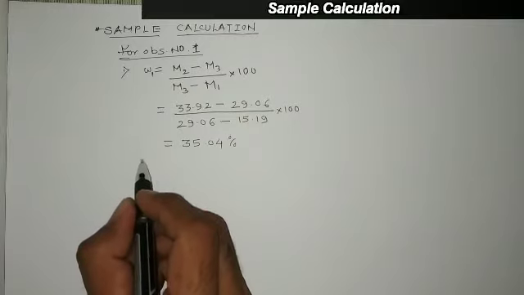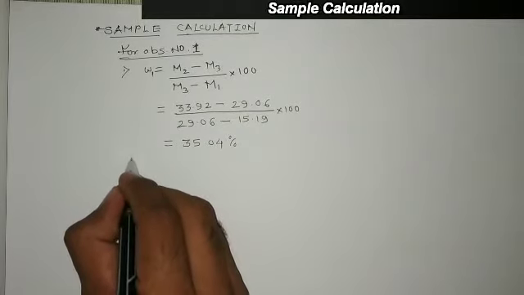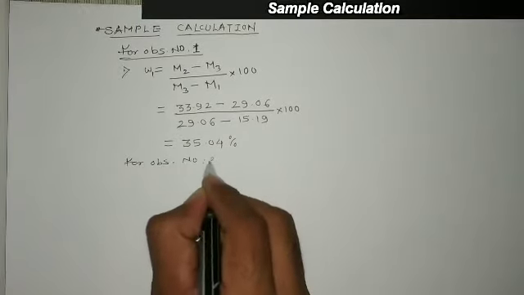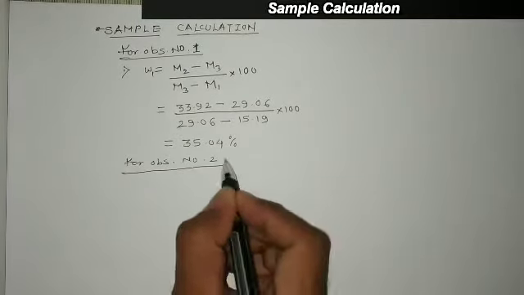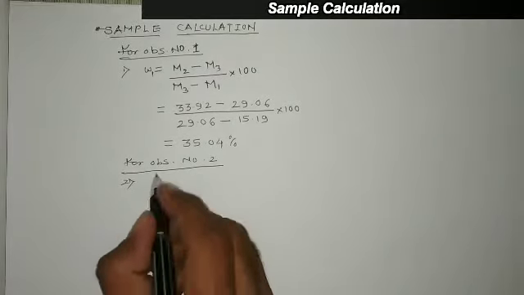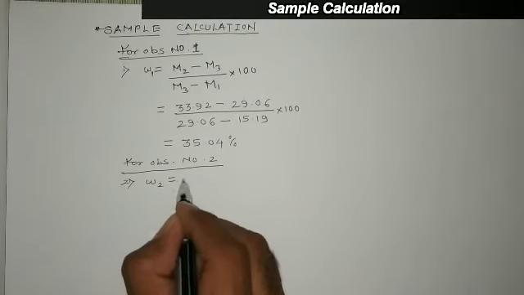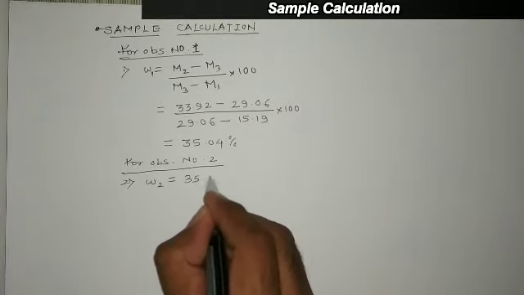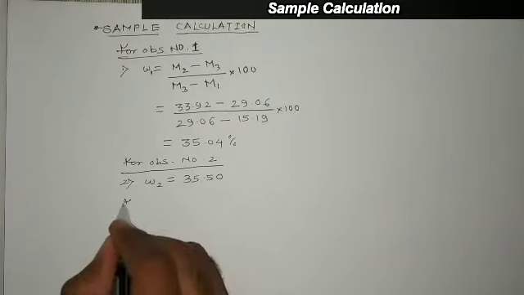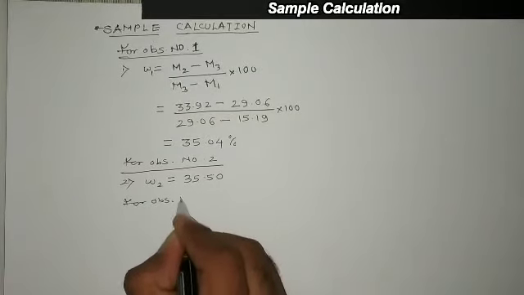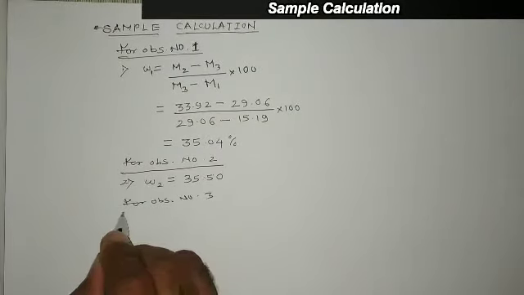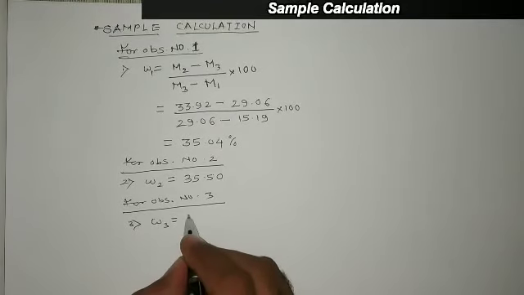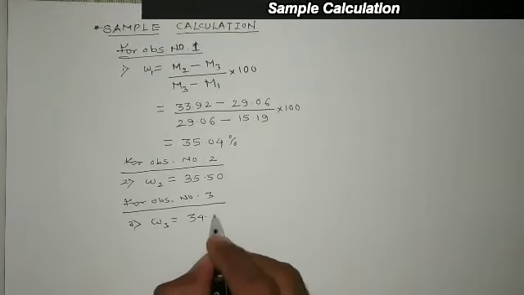For observation number 2, w2 comes out as 35.50. For observation number 3, w3 is equal to 34.90.